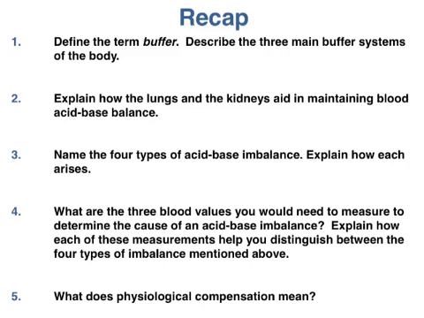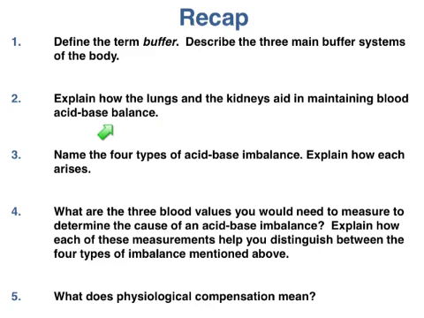After studying this video, you should be able to talk a fair amount about acid-base balance in the blood. You should be able to describe the buffering systems of the body, including what a buffer is. You should be able to talk about how the lungs and the kidneys aid in maintaining acid-base balance in the blood.